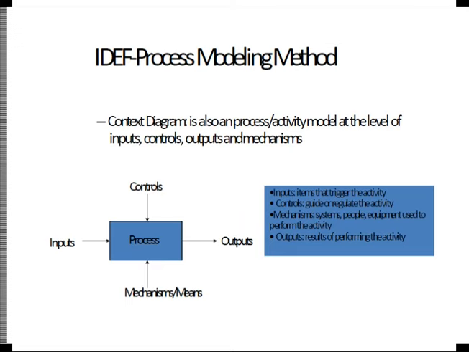All right, the details on IDEF. Basically, the IDEF technique only uses one symbol, the rectangle here. The rectangle is used to identify the process. So what you write instead of process is booking, or verifying marks, or registering marks.